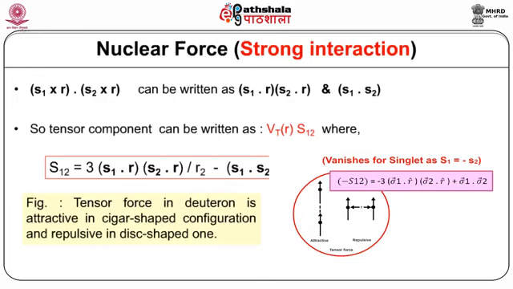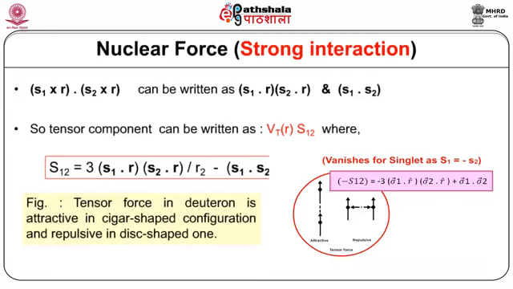The tensor component can be of the form S1 cross R dot S2 cross R, and can be written as V_T S12, where S12 is equal to 3 (S1 dot R)(S2 dot R)/R² minus S1 dot S2.